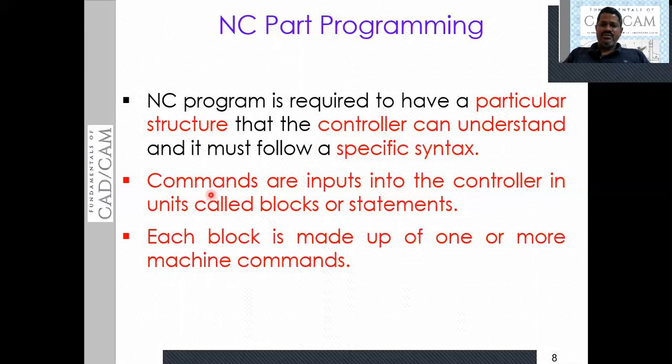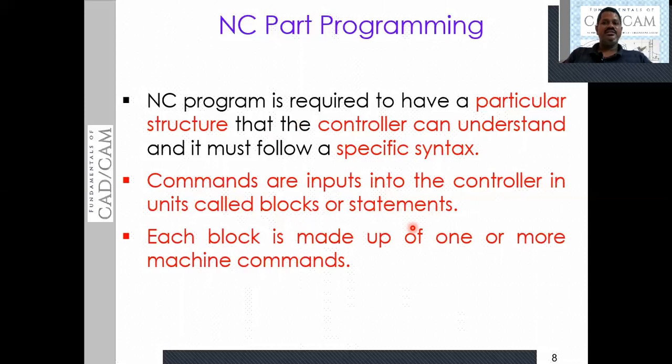Then these commands are input to the controller, as I said just now, in units called blocks or statements. A program consists of a number of statements or blocks, each specific to performing one task. Suppose you are performing a turning operation to reduce the diameter of a component. Using one block of statement, you can perform one operation.